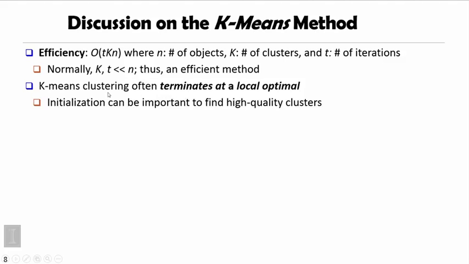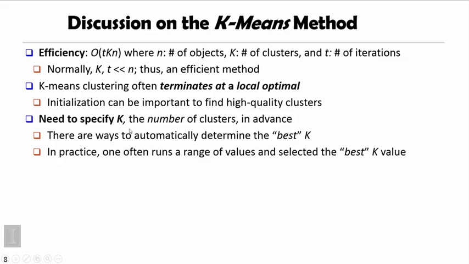However, k-means clustering often terminates at a local optimum. Then the initialization becomes important. If you want to find high-quality clusters, we need a smart initialization, or we need to randomly initialize many times to try to find a good clustering result. Another important thing is how to specify k, the number of clusters.